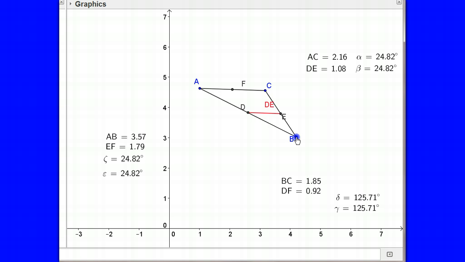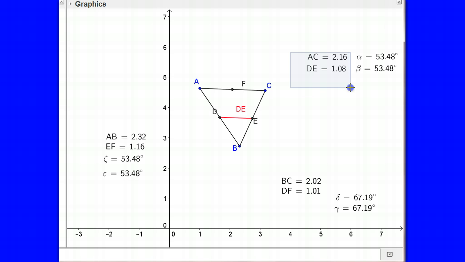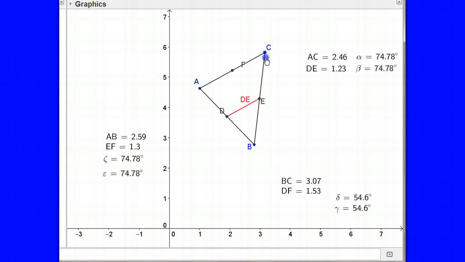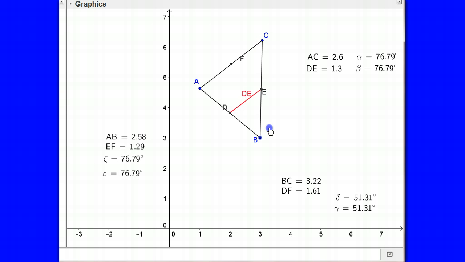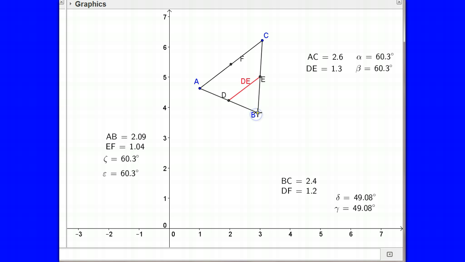Notice as I move point B around, it's not changing those lengths. So the question is, what is the connection between these two things? 1.08, 2.16, the midsegment, it's half of that. And it didn't matter where I move this, it's staying half. If I move point C around, you can see that midsegment DE is still half of AC.